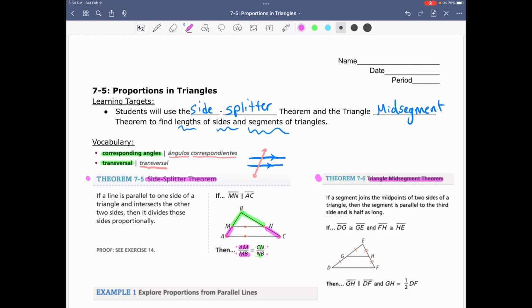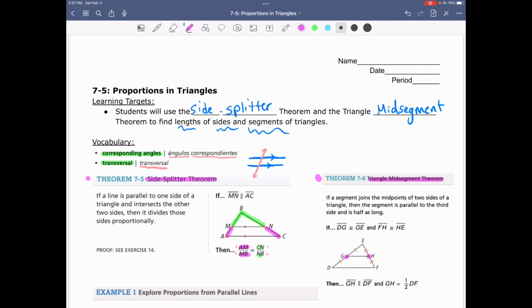In Theorem 7-6, if a segment joins the midpoints of two sides of a triangle, so this would be the midpoint here and here, then the segment is parallel to the third side and is half as long.